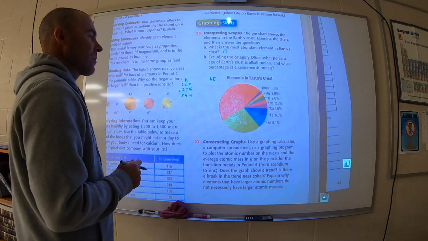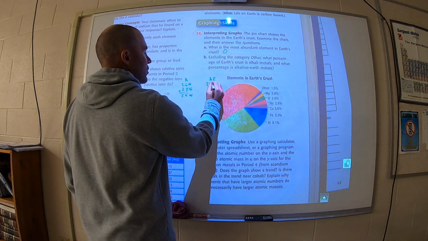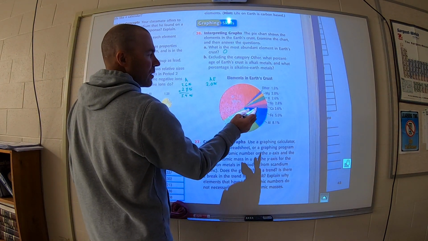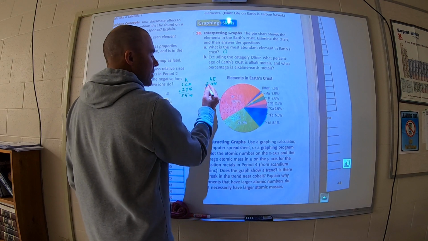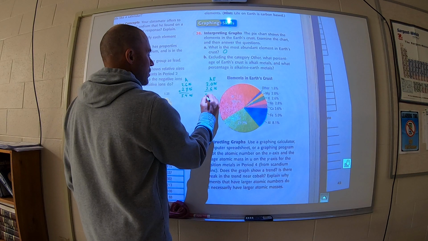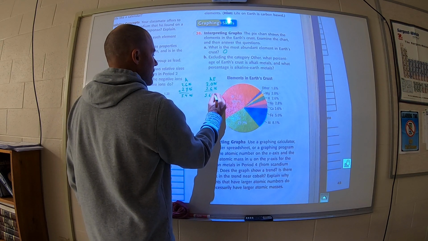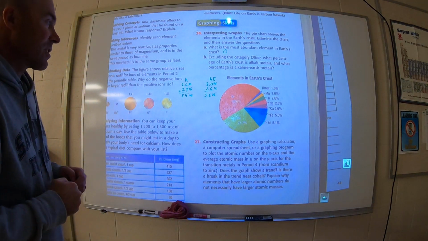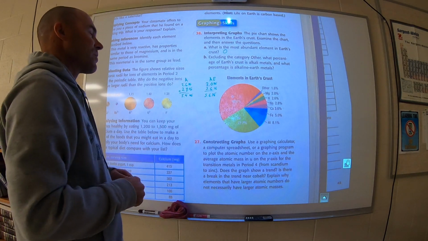And then the alkali earth, we have 2.0% for magnesium, and then 3.6% for calcium, which gives you 5.6%. So about 11% of the Earth's crust is made out of these two groups of elements.